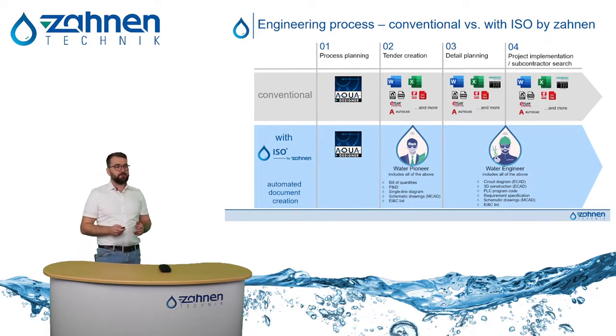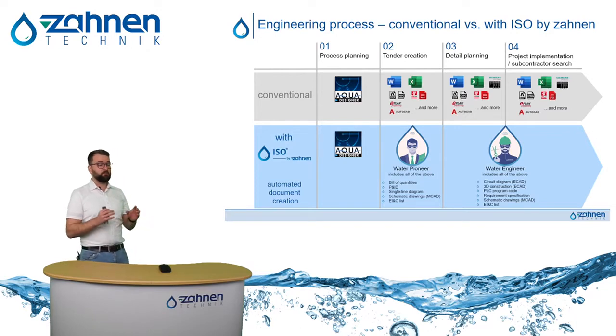To look again at the conventional process, from that on, after the tender creation, when you go into detail planning, the whole mass of documents starts again. So you will have again a lot of documents, no versionizing, and so on. In ISO, you just have an interface between the license Water Pioneer, which is for tender creation, to the Water Engineer, which is specifically for detail planning.